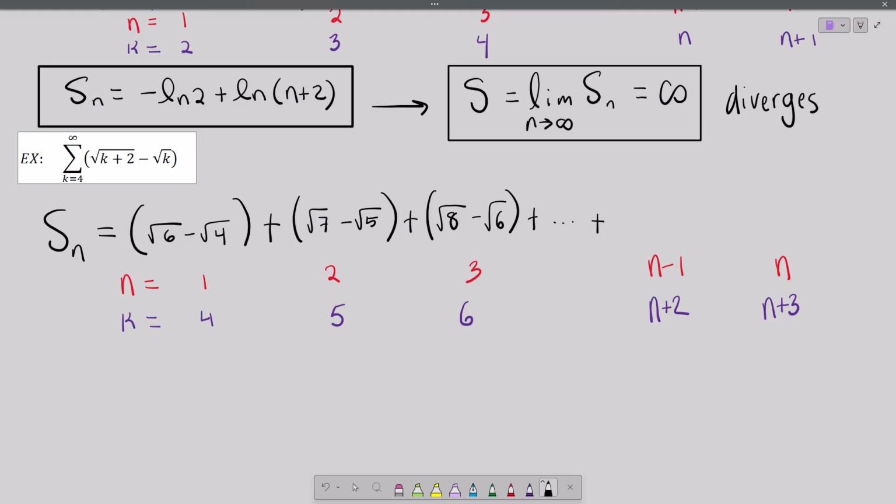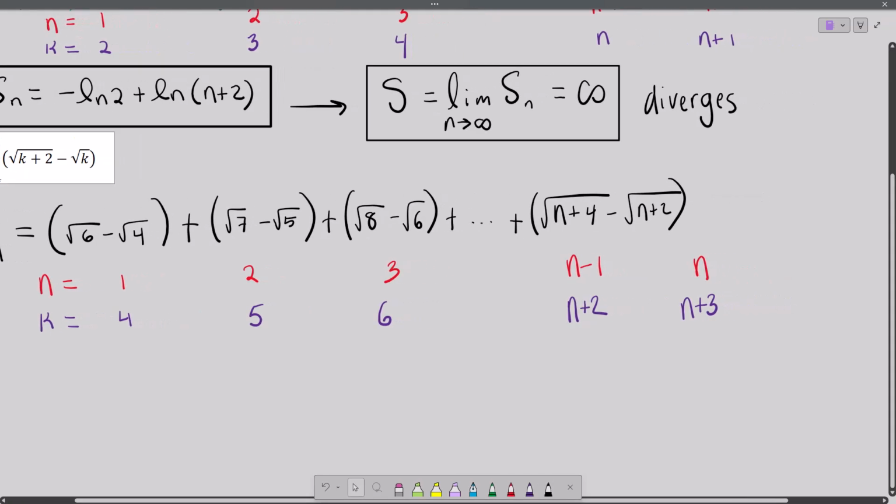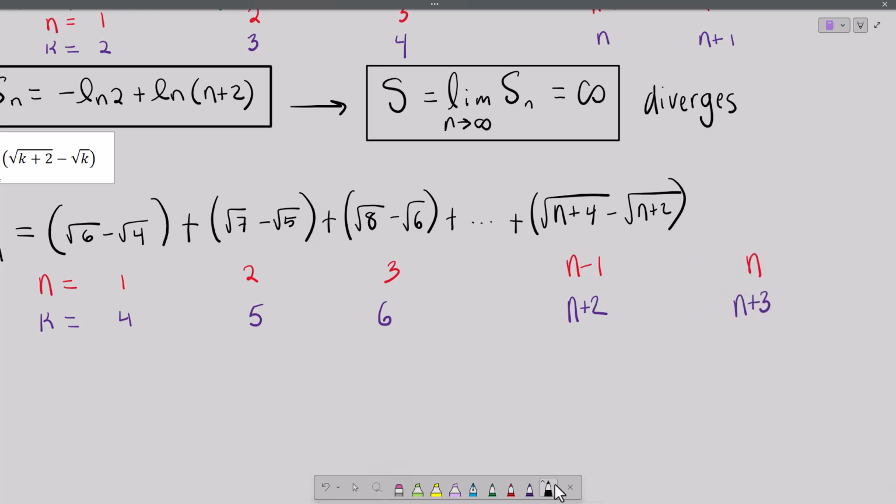So we go up there, we plug in n plus 2, so we'll get n plus 4, minus n plus 2. Then we have one more term to plug stuff in. To get to the nth term, plug in n plus 3, so we're going to have an n plus 5 right there, minus, plugging in n plus 3, that's just a k, so we get an n plus 3 here.